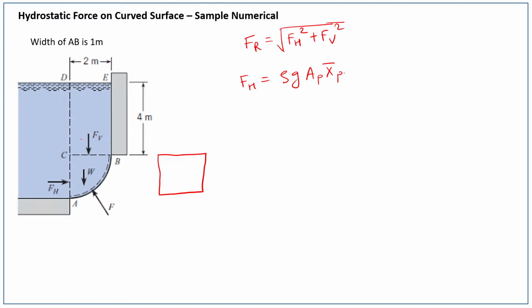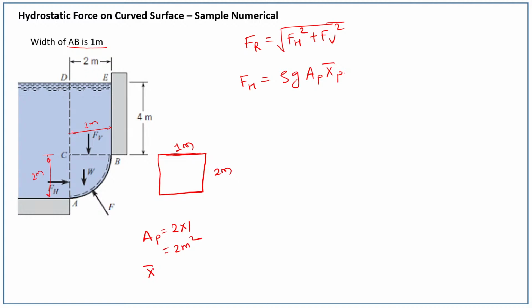Why 2 meter? Because this distance is 2 meter and this is one fourth part of the circle, so this distance is also 2 meter. And it is given the width of AB is 1 meter, so this distance is 1 meter. So your projected area is 2 into 1, that is 2 meter square.